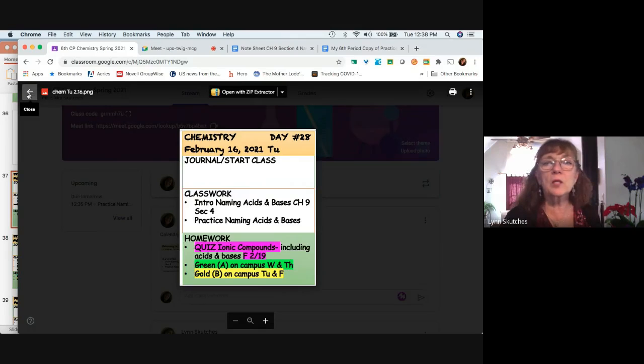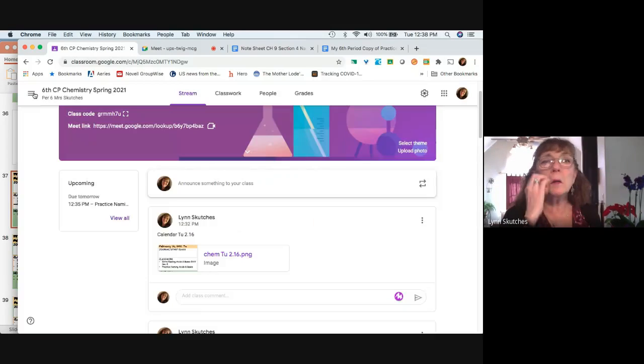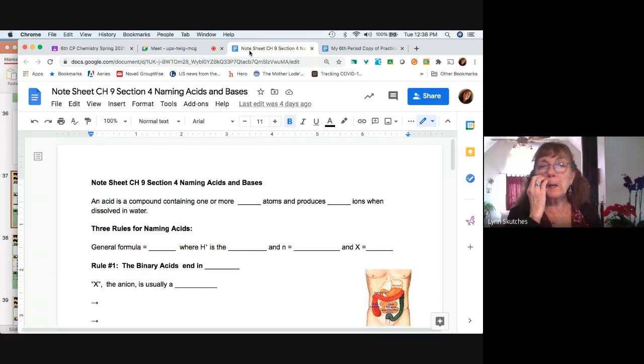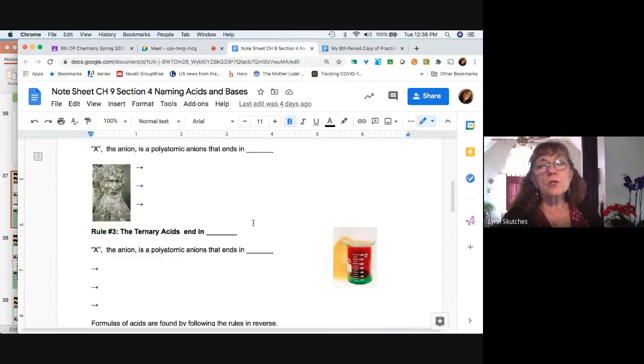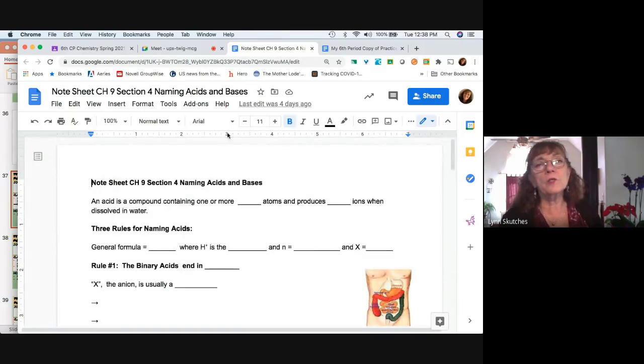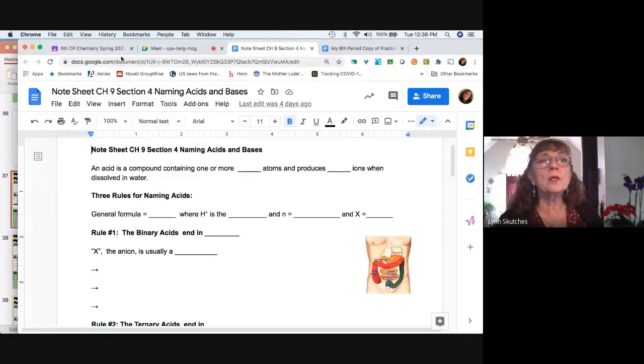So here we go. You might recall that on Friday, we did a little sorting with pH of different substances. I gave you this note sheet in your classwork feed, but we didn't even begin to get close to it. So it is still there. I put it in week 7.